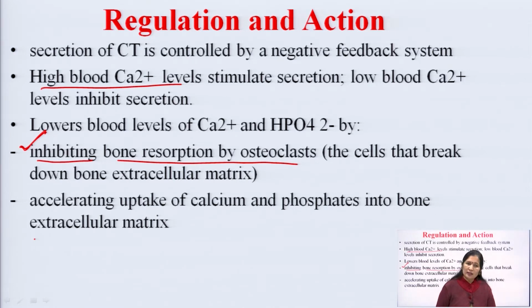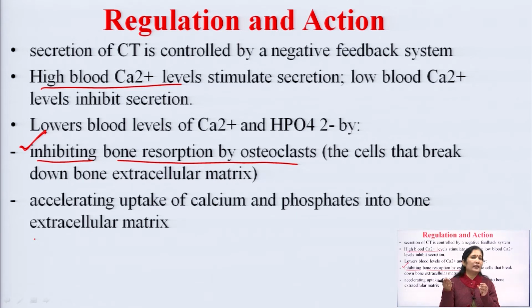Osteoclast cells are the cells that break down the bone extracellular matrix. As we all know, the bone extracellular matrix consists of calcium phosphate and calcium carbonate. So, as soon as the bony matrix breaks, calcium will be released from the bone matrix into the blood. So, the calcium level will rise in the blood, and that we do not want.